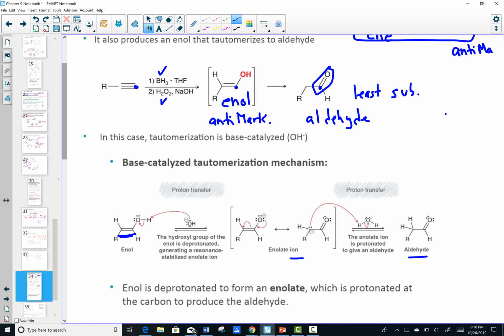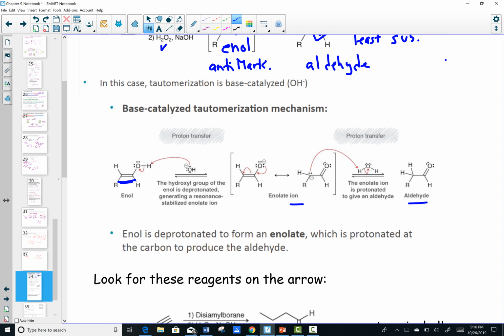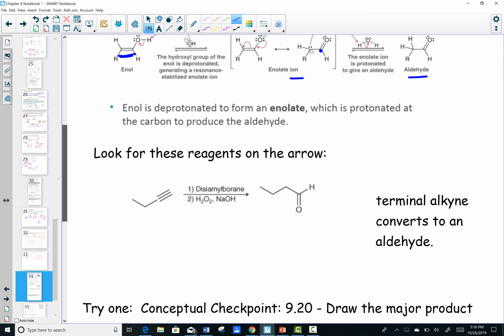So think through anti-Markovnikov in the presence of boron. Proton transfers occur, the enolate ion is formed, a very similar mechanism, just located at the end of the carbon chain instead of interior to the carbon chain.